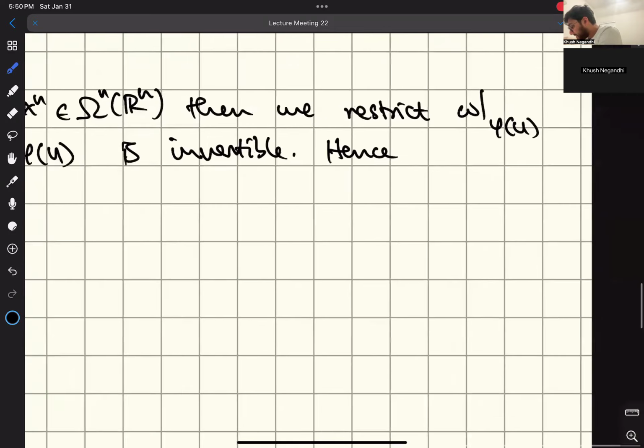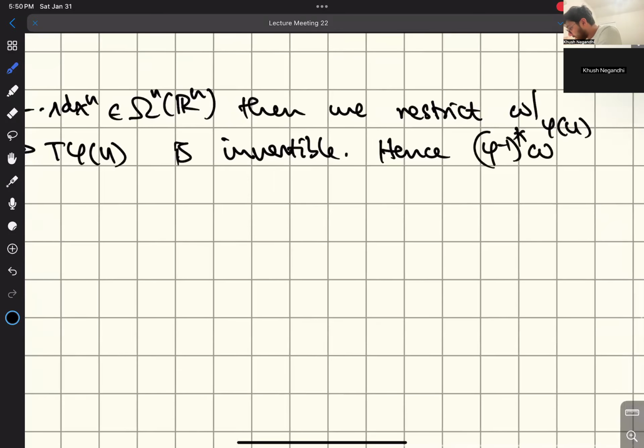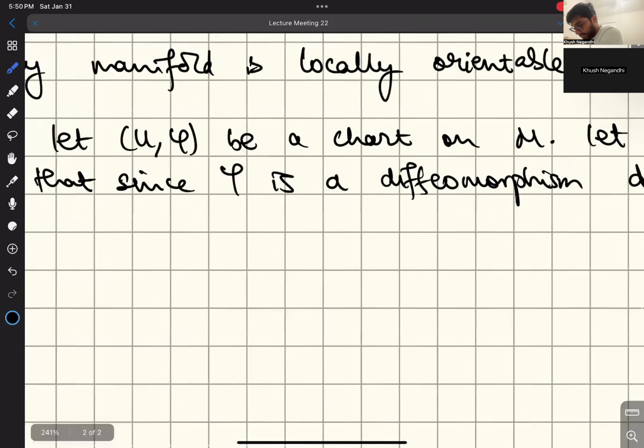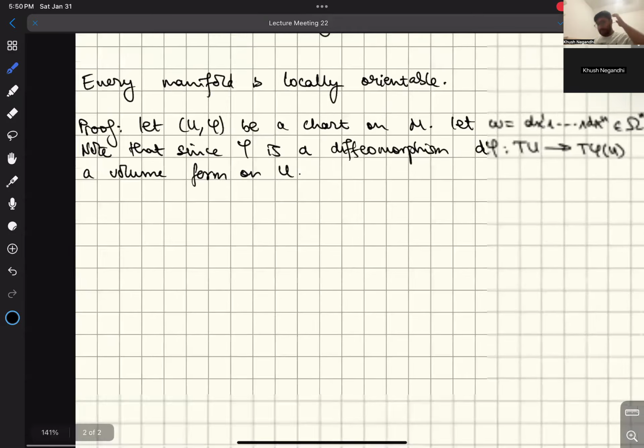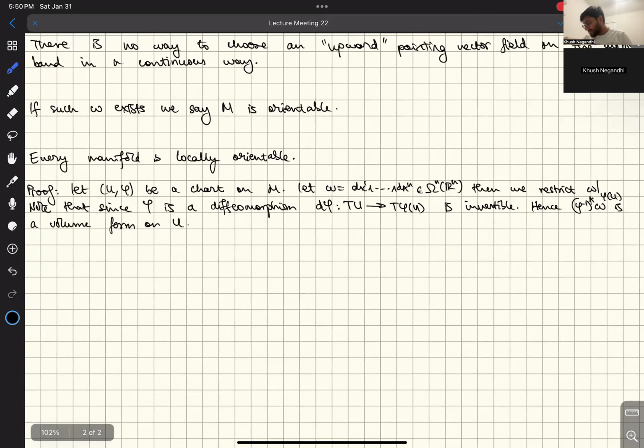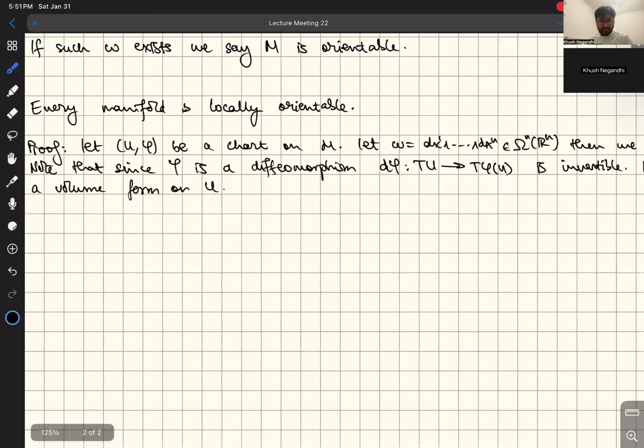Hence, pulling back by the inverse is a volume form on U. Okay. So what this says is that every chart is orientable, basically. And then we can say that the orientation induced by a chart, it's called an oriented chart, I suppose.